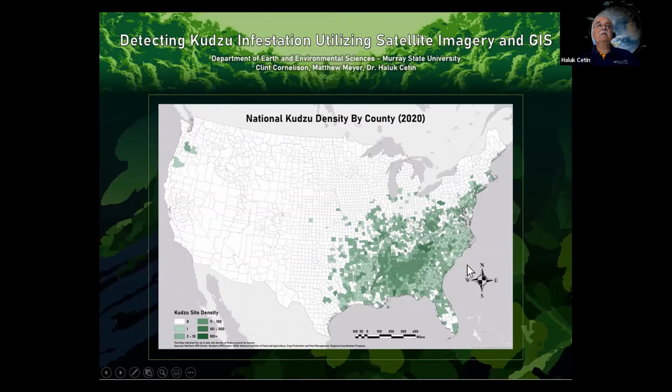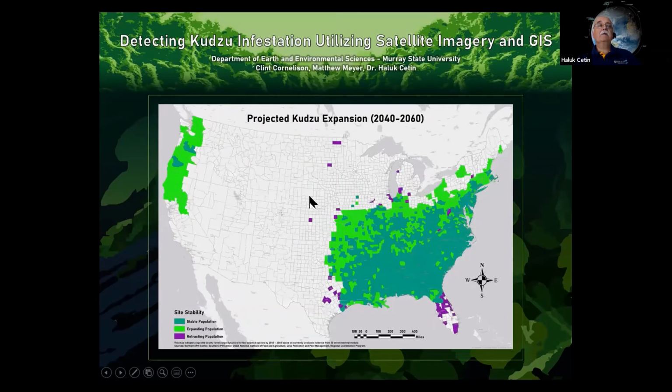As you can see, it is mostly the southeastern region. There are a few locations in the northwest. When we look at the predictions for between 2040 and 2060, it is really widespread, including some of the Midwest states.